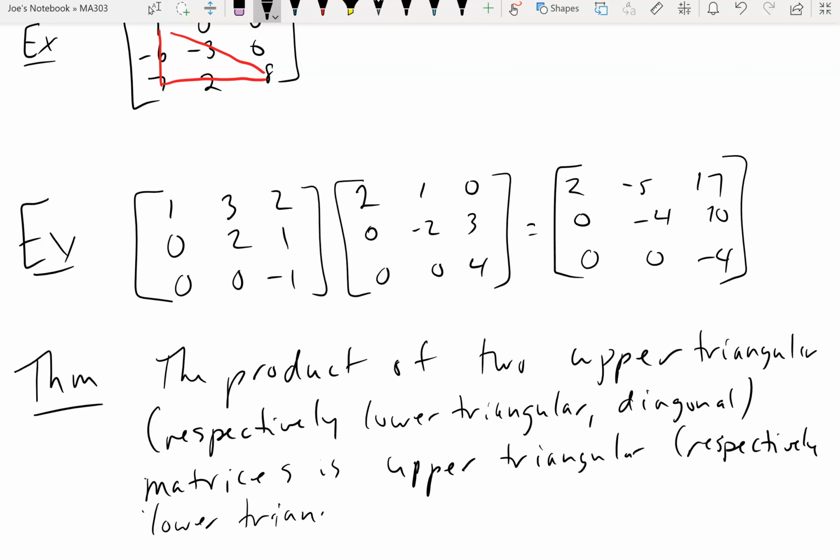And this is just mathematicians being lazy again.